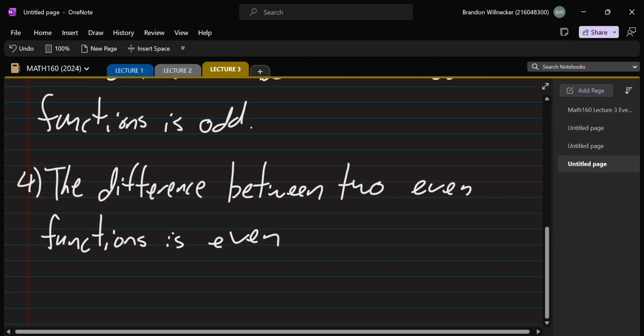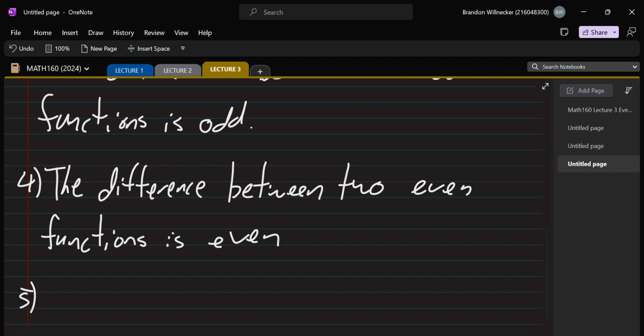Number 5, the product of 2 even functions is even.